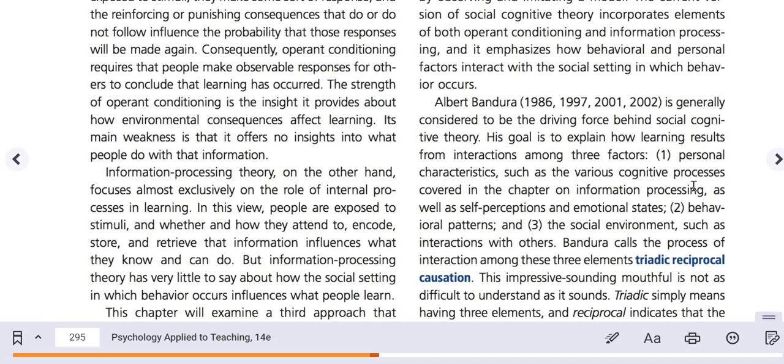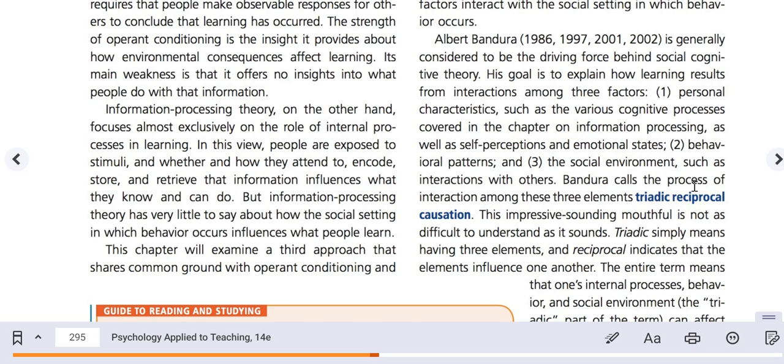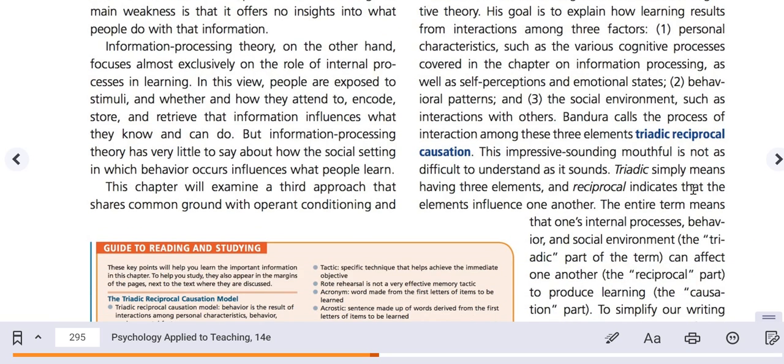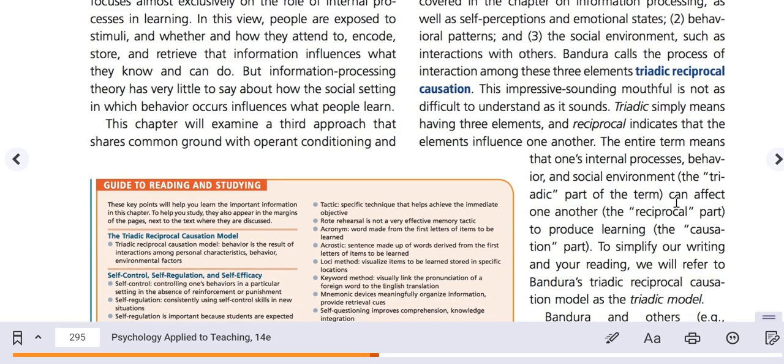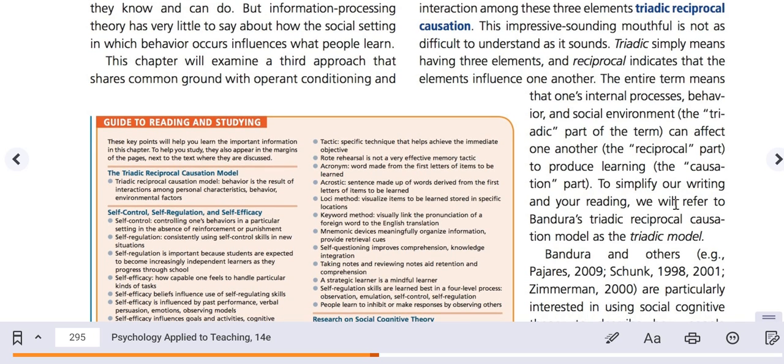Triadic simply means having three elements, and reciprocal indicates that the elements influence one another. The entire term means that one's internal processes, behavior, and social environment, the triadic part of the term, can affect one another, the reciprocal part, to produce learning, the causation part. To simplify our writing and your reading, we will refer to Bandura's triadic reciprocal causation model as the triadic model.